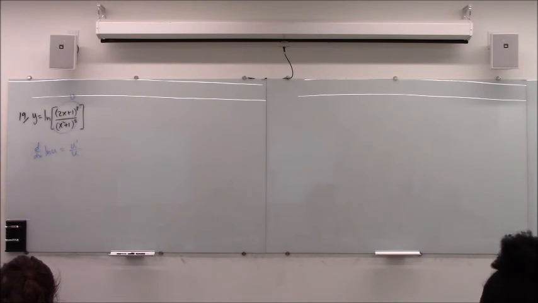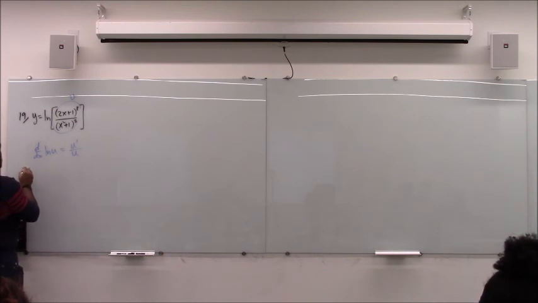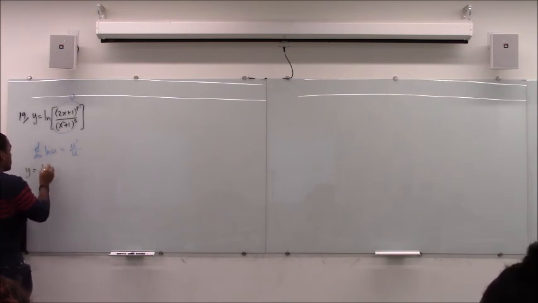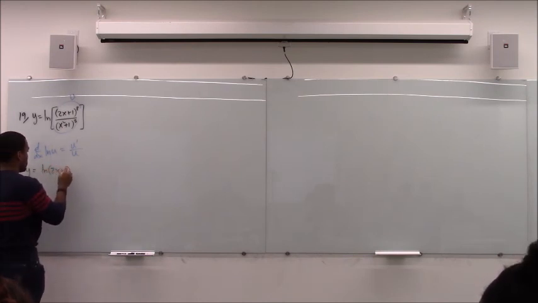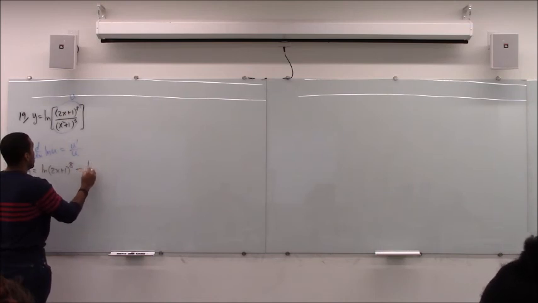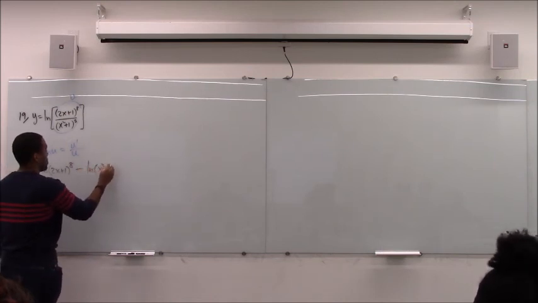Yeah? First line distributed. What? How? So I'm going to ask ln (2x plus 1) to the 8 minus ln (x squared plus 1) to the fifth.